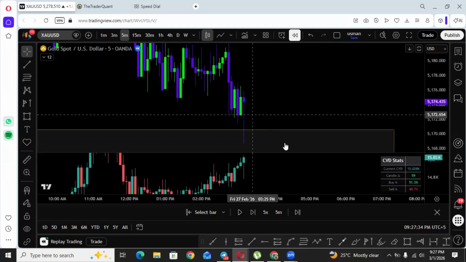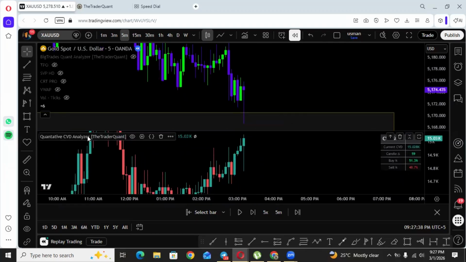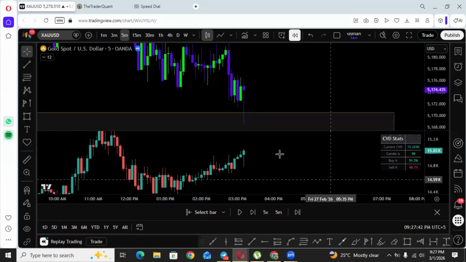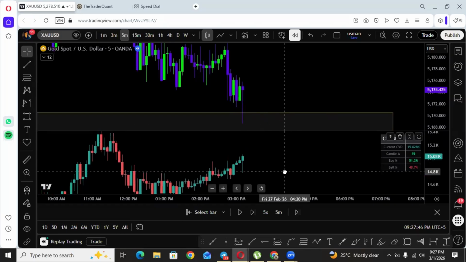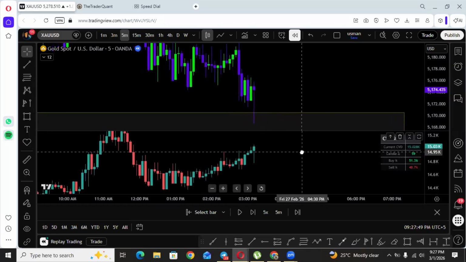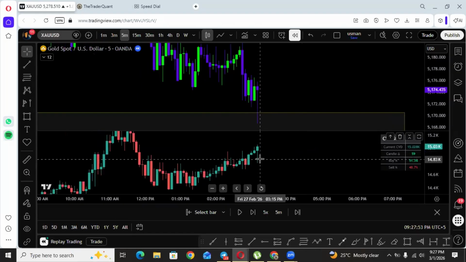The name of the tool is the Quantitative CVD Analyzer. Today we will read the price together. So what does this tool do? This tool shows you the open interest of the market, of the bigger participants, the institutions.